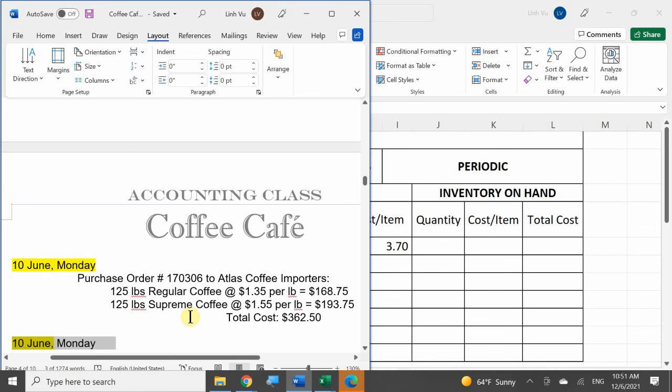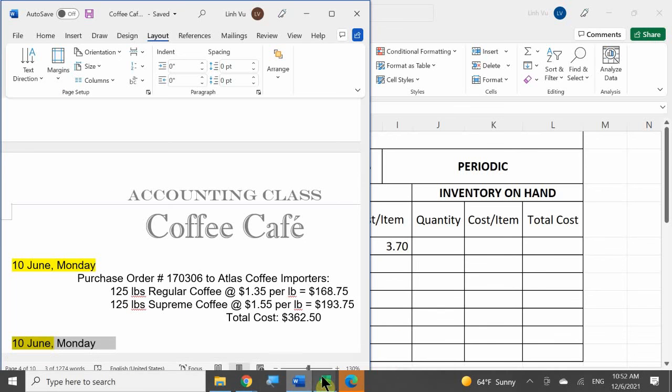We're buying regular coffee and we're buying Supreme coffee. This time you're going to receive 125 pounds of regular coffee, and you're also going to be purchasing 125 pounds of Supreme coffee. Those are the cost per unit, so in grand total, it's for $362.50.